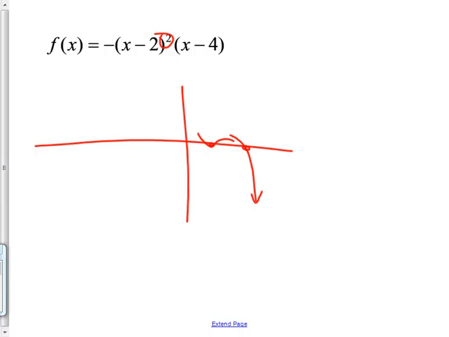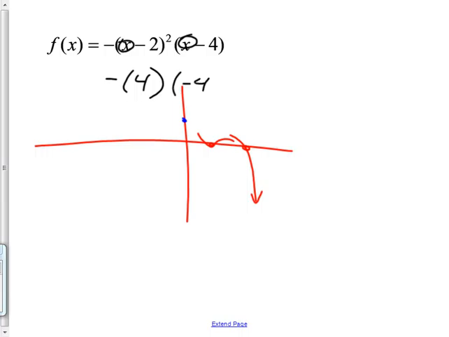The y-intercept is where x is 0. Quick, figure out what this would be if I stuck in x was 0, so I can know where it touches along here. Is it like right there, or is it up fairly high? 0, 0, negative. Negative 2 squared is 4.